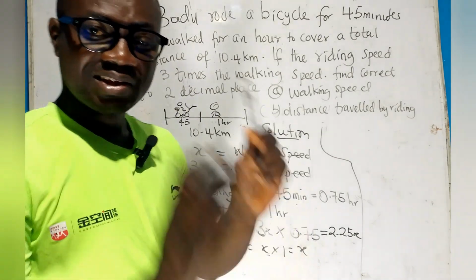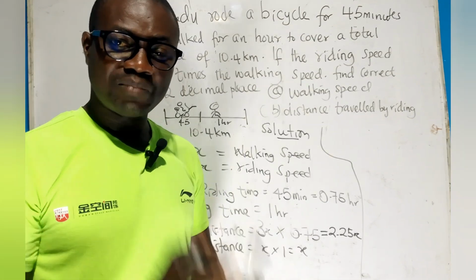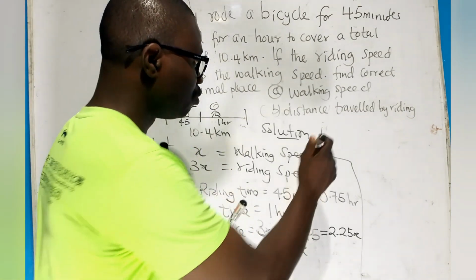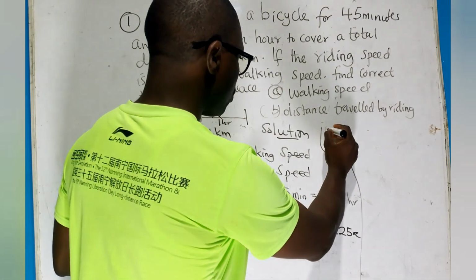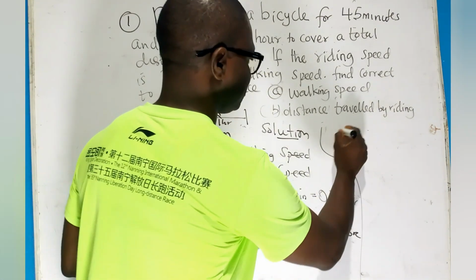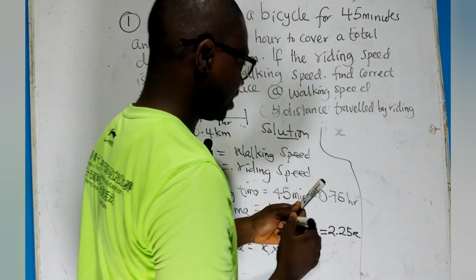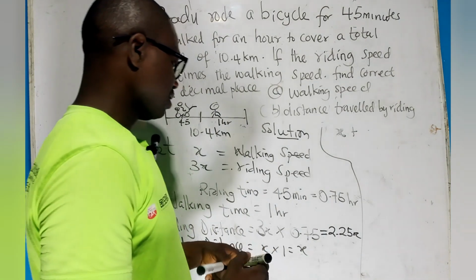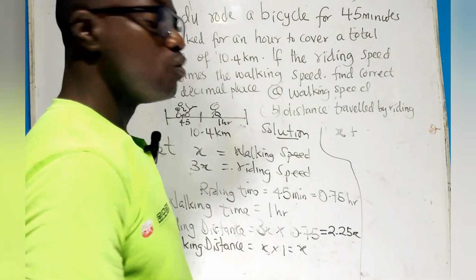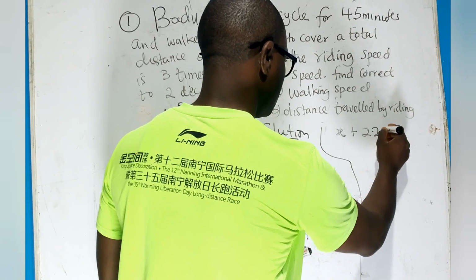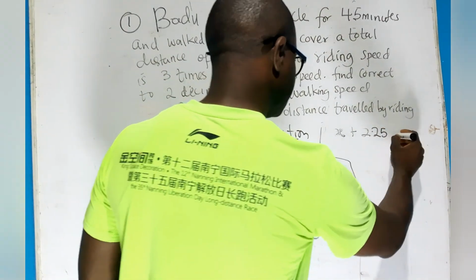So what is the walking distance? x. Plus the riding distance, which is 2.25x, gives you the total distance covered.